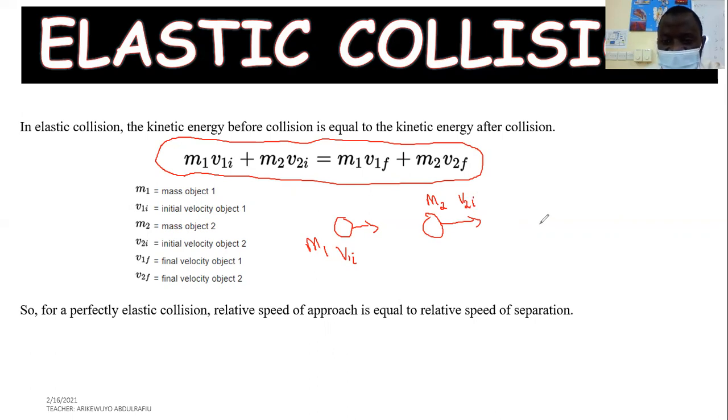After they have collided, we now have, again, they still have their masses, m1, but now we have the final velocity, v1 final, and for the second one, m2, we have v2 final. Are you following? Now, because of the principle of conservation of linear momentum, we talked about that in the last class, which says that the total momentum before collision is equal to the total momentum after collision.